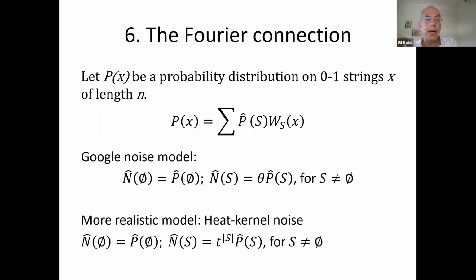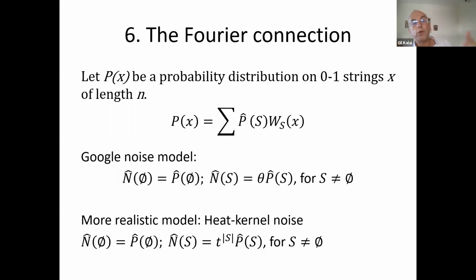And then a more realistic model, which we can call the heat kernel noise, causes the Fourier coefficients to diminish in a way which is exponential in the size of the index set. So the Fourier coefficient of the empty set will remain unchanged, and this is actually because it's the probability distribution.